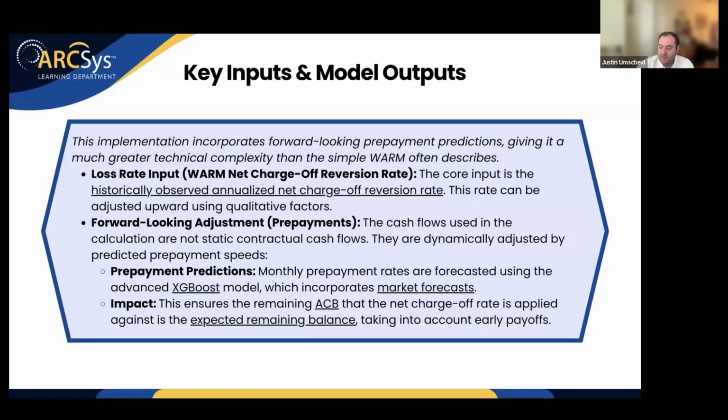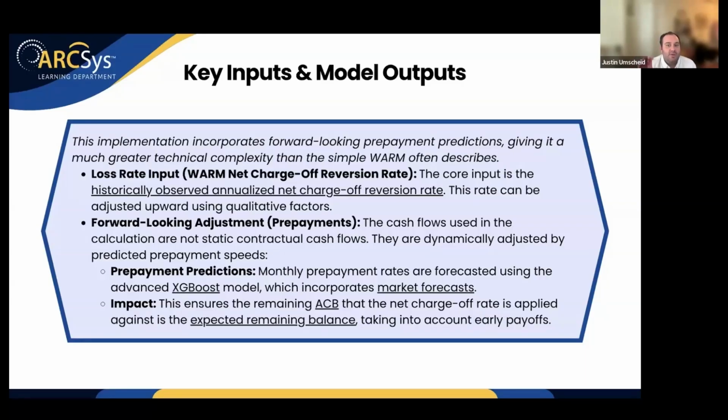Now, the one big thing and the biggest difference between a WARM model and the other models is the WARM model does not consider any forecasted values outside of qualitative factor additions. So you're not building in loss rates and then projecting loss rates. You are building in a historical average, and the historical average is all that's used.